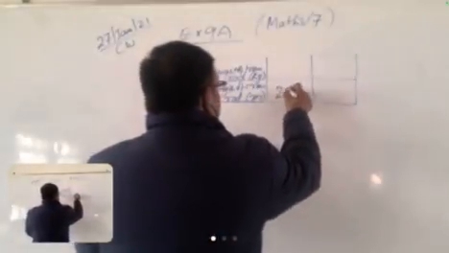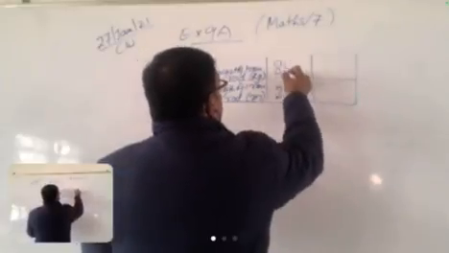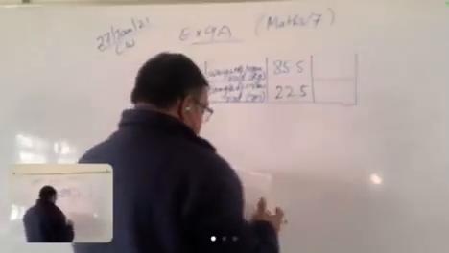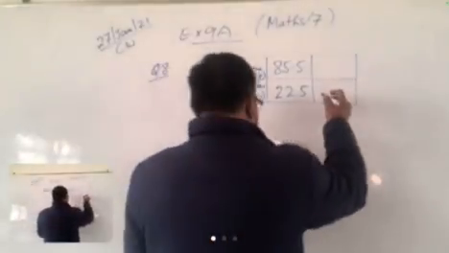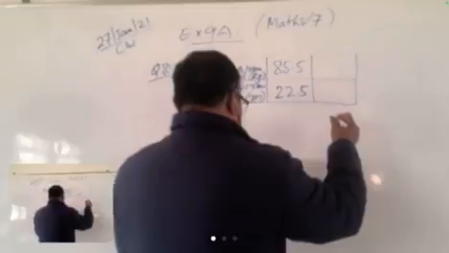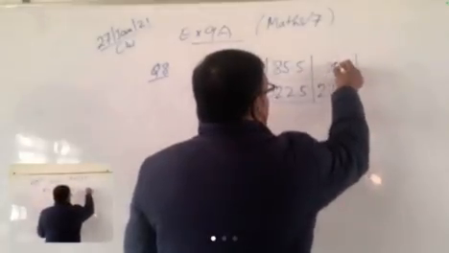If the length is 22.5, the weight is 85.5. So now if the length is 22.8, then x.